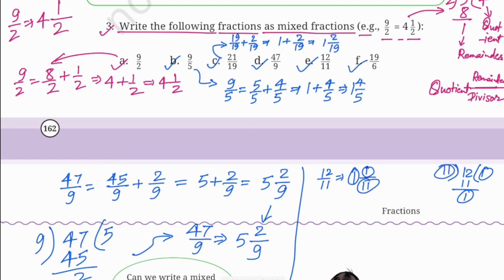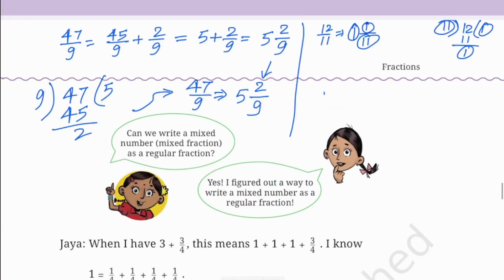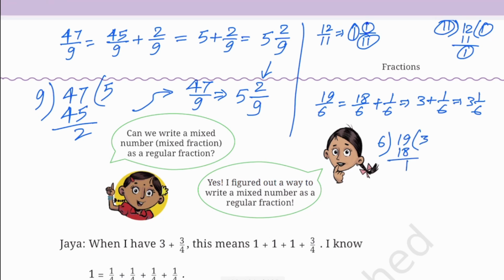Similarly, F. 19 upon 6. 19 upon 6 can be written as 18 upon 6 plus 1 upon 6 or 3 plus 1 upon 6 or 3 whole 1 upon 6. Another way of doing that, divide 19 by 6. You will get 3 as quotient, 1 as remainder and 6 as divisor. So 19 upon 6 can be written directly as quotient whole remainder upon divisor.